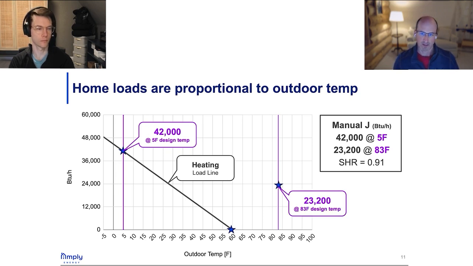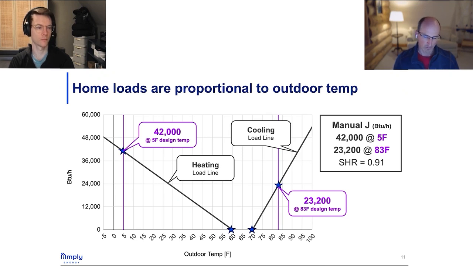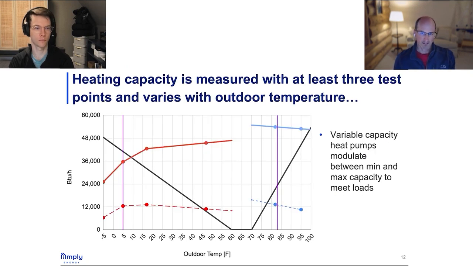And we can do the exact same thing on the cooling side, draw a line between 70 degrees, where we'll roughly assume that there will be some kind of cooling loads in the home, all the way up to my design temperature of 83 degrees Fahrenheit. And I've got these two nice lines to understand how the home is varying. And then we can overlay those heat pump performance characteristics, those thermal capacity values, over the top of this same graph.